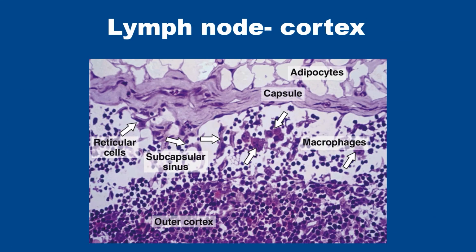This is a high magnification of the lymph node showing the capsule and the subcapsular sinus containing the reticular cells, the lymphocytes, macrophages, and deep to it lies the cortex of the lymph node.